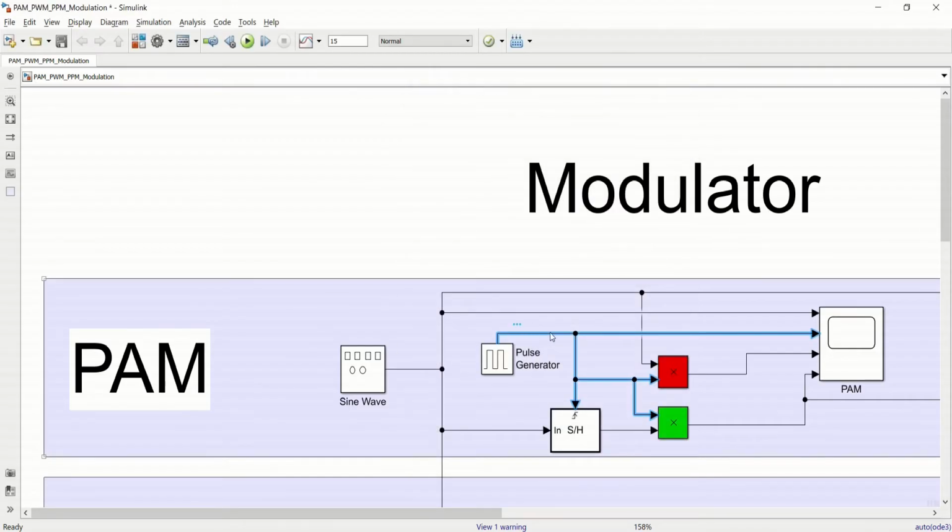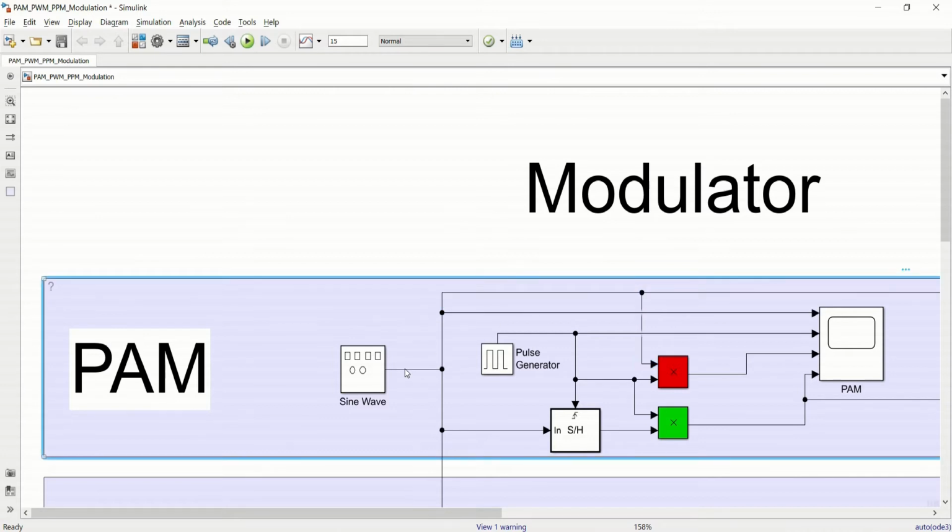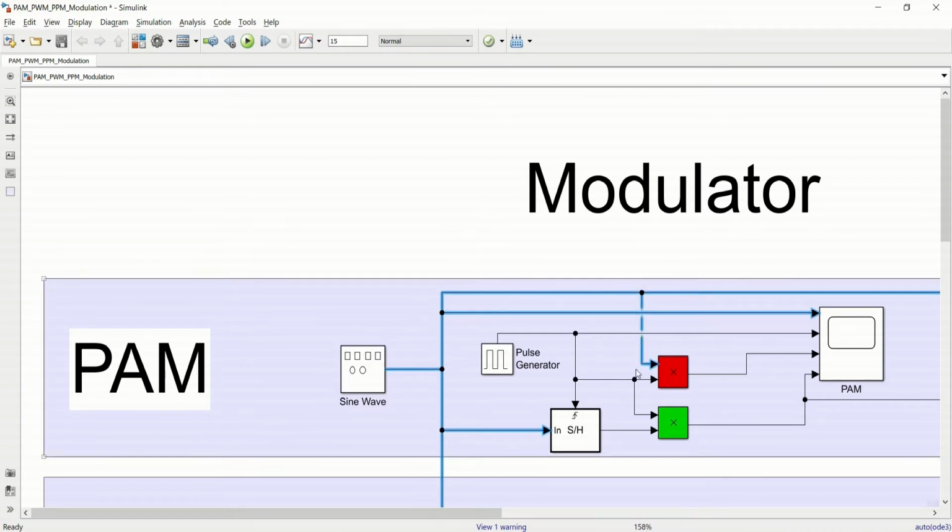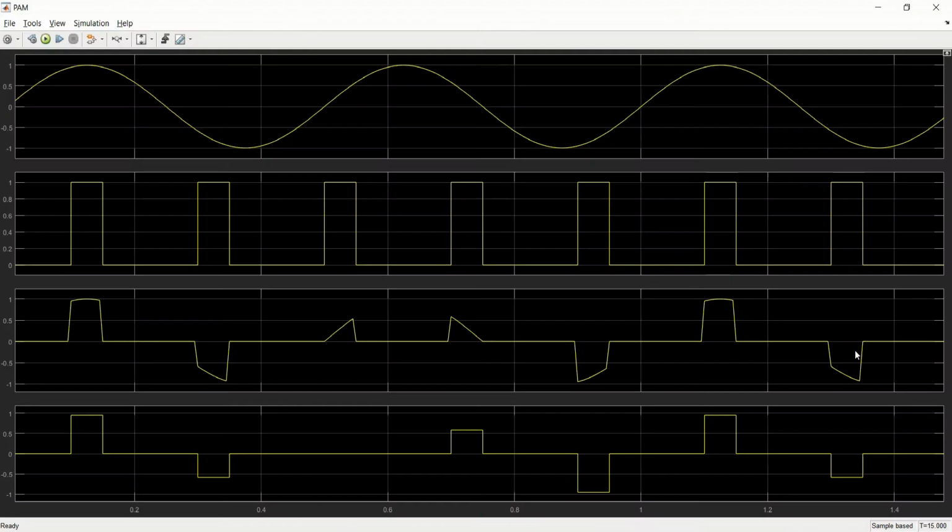We feed this to this multiplier in red, and the upper branch is coming from the message signal itself, m of t. This red multiplier indicates that we have a natural PAM, that is, we are just multiplying the sine wave with the pulse generator. To understand this, let us look into this scope of PAM.